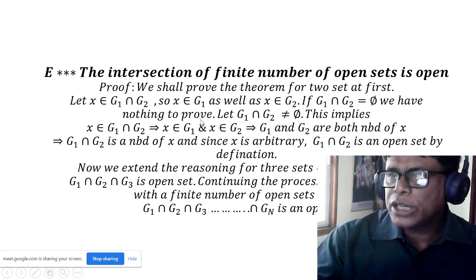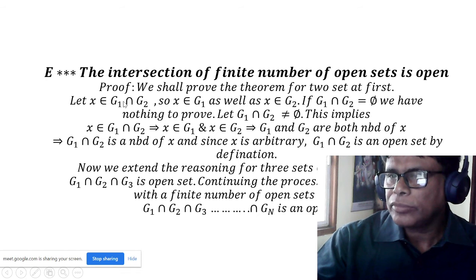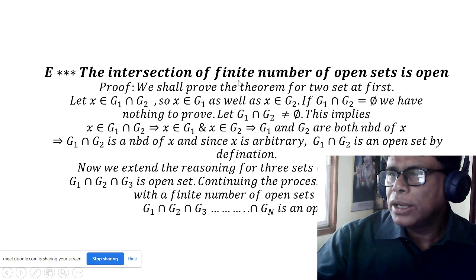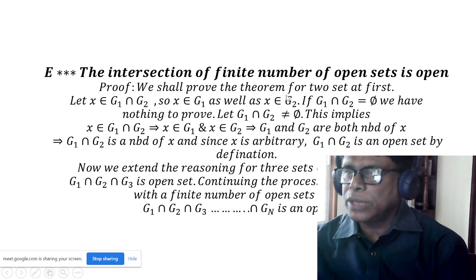The intersection of a finite, here it is not arbitrary, finite family of open sets is open. That is very important. We shall prove this theorem for two sets only. Let X belong to G1 and G2, where G1 and G2 are open sets. So X belongs to G1 as well as G2 at the same time.